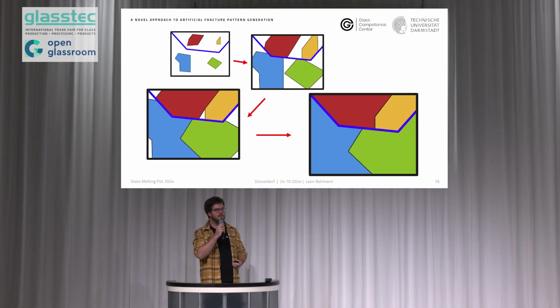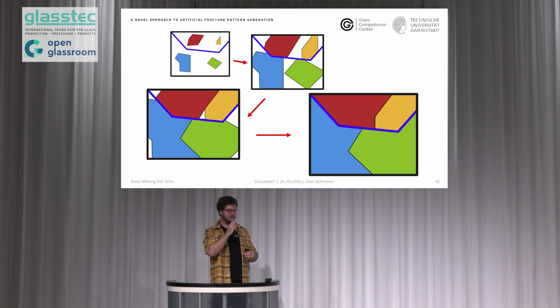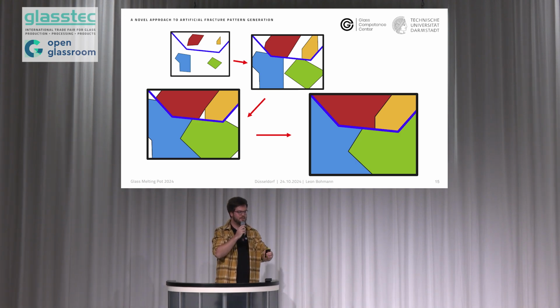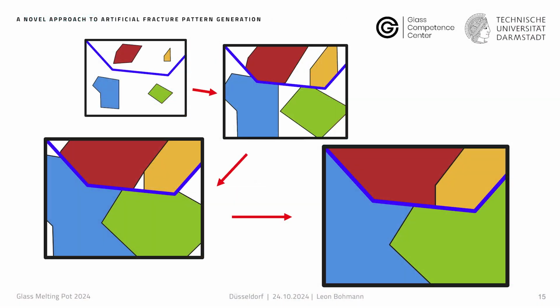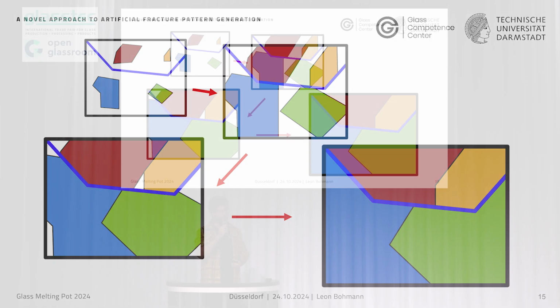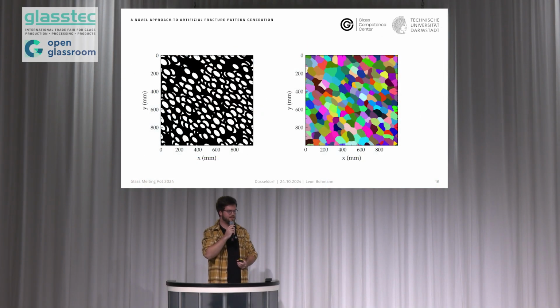We therefore apply the watershed algorithm, which does the work for us and fills all the black spaces between the elliptic geometries we placed earlier with actual geometries. If we do that with each and every ellipse, we can generate a fracture pattern that looks something like this.